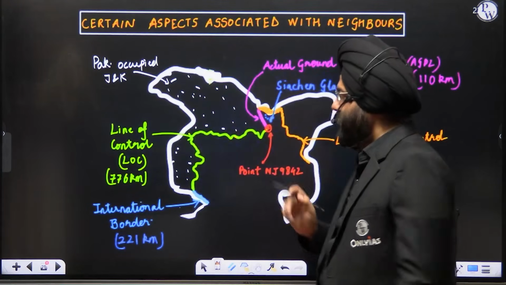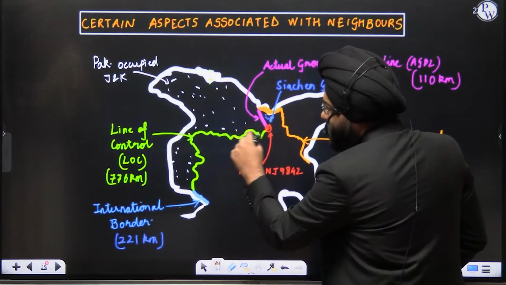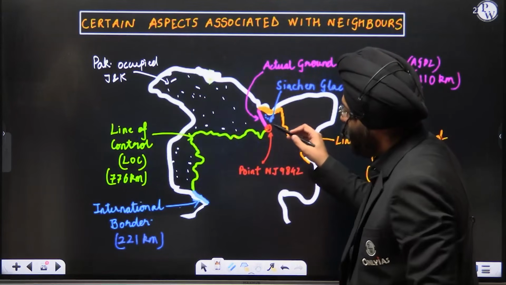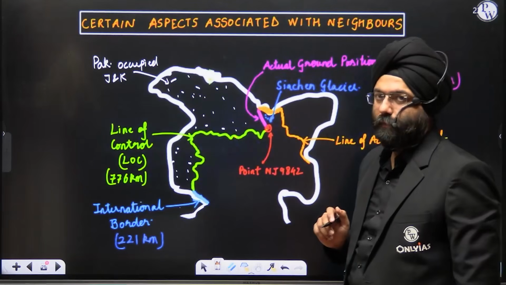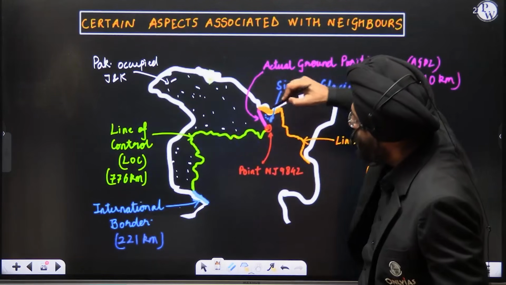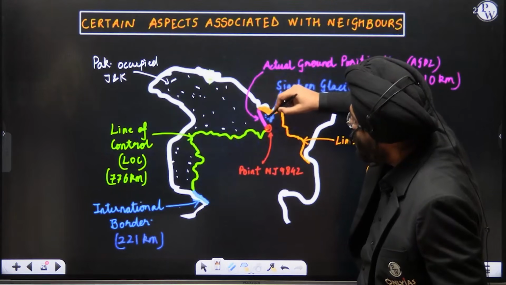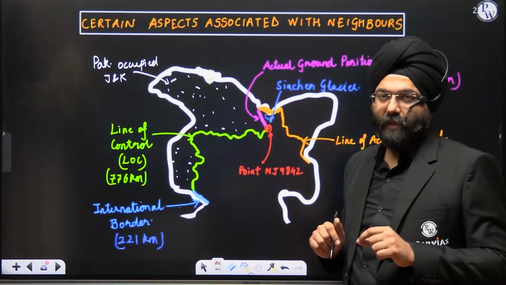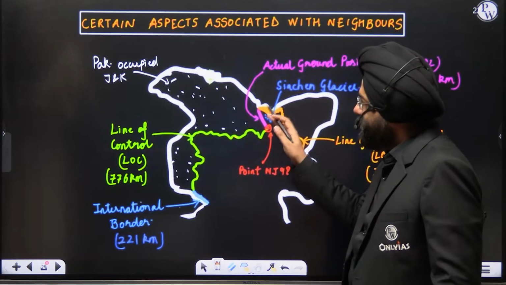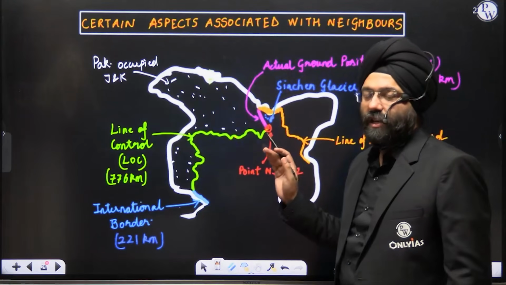Post the LOC, please understand, this is a particular point which is known as point NJ9842. Clear? From this line lies the AGPL, that is the actual ground position line. Now this forms again the western side of the Siachen Glacier.